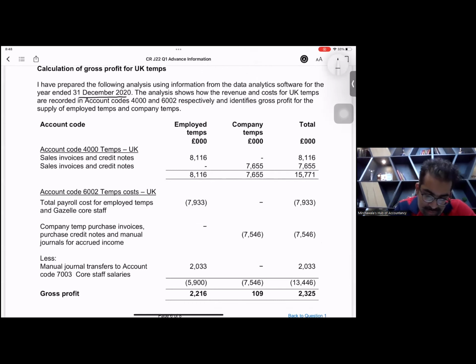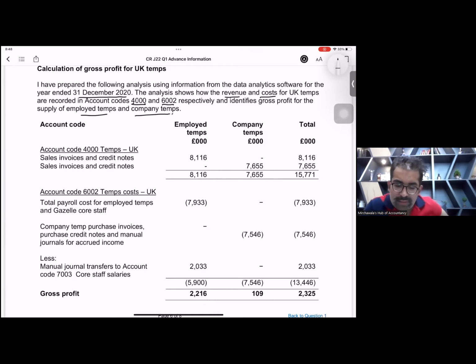The analysis shows how the revenue and cost for UK temps are recorded in account codes 4000 and 6002 respectively, and identifies the gross profit for supply of employed temps and company temps. This is majorly linked to the temporary contracts. You can see this is your sales for employed temps, and this is for company temps.